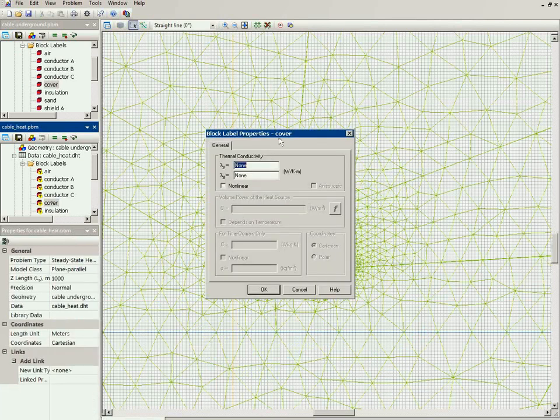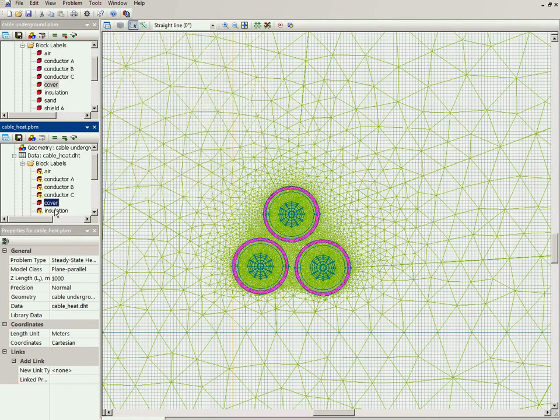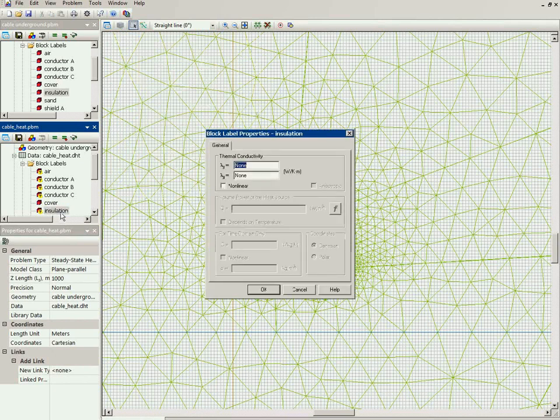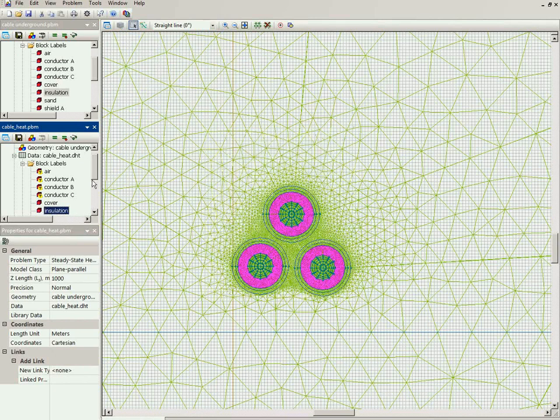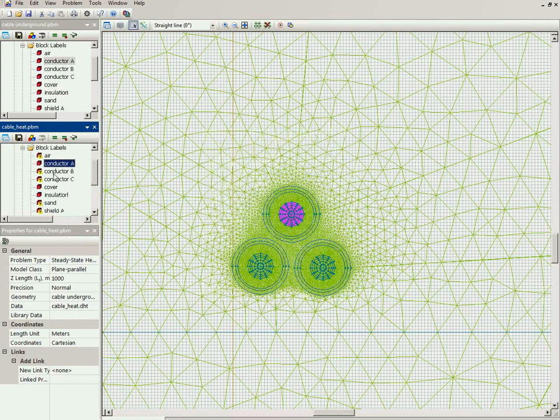The thermal conductivity of the cover is 0.3. The thermal conductivity of insulation is 0.3. The thermal conductivity of the copper conductors is 380. For conductor B, 380. For conductor C, 380.